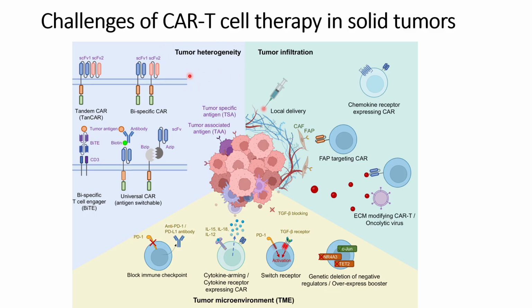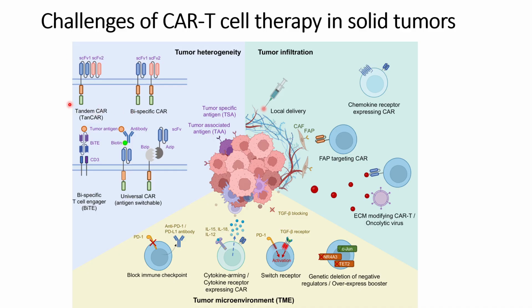So, in order to deal with tumor heterogeneity, one approach is to use a CAR that has two single chain variable fragments, so that it can target two different antigens that are expressed on the tumors.